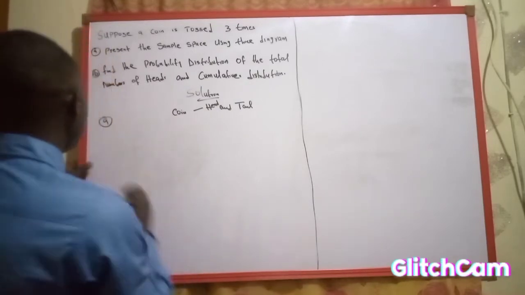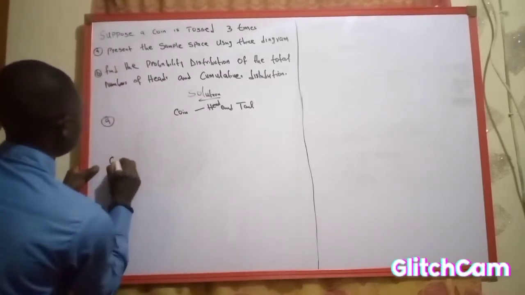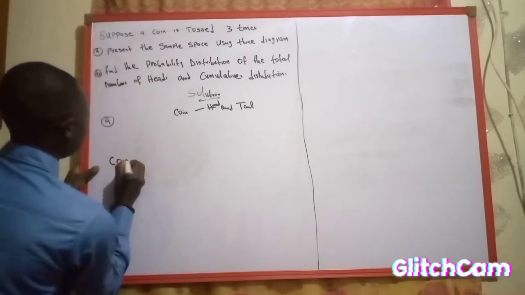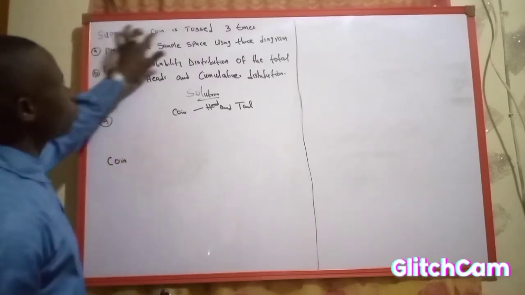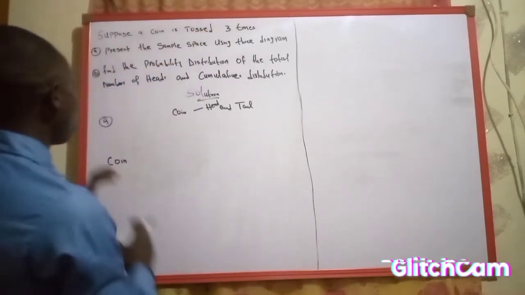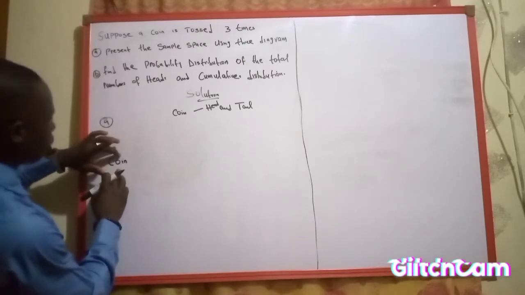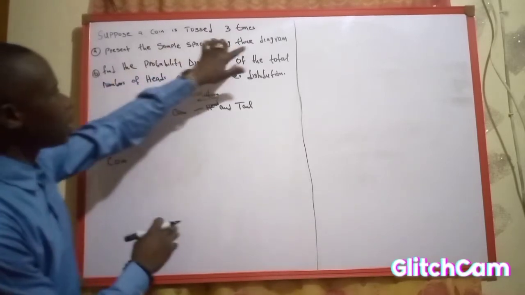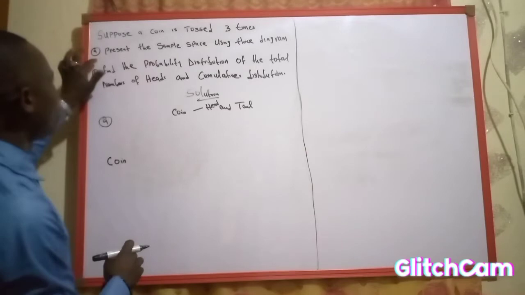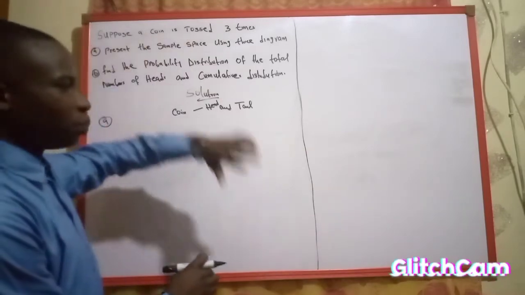So let us assume this is a coin. Suppose a coin is tossed 3 times. We are going to toss this coin 3 times using a tree diagram, then we are going to present the sample space.